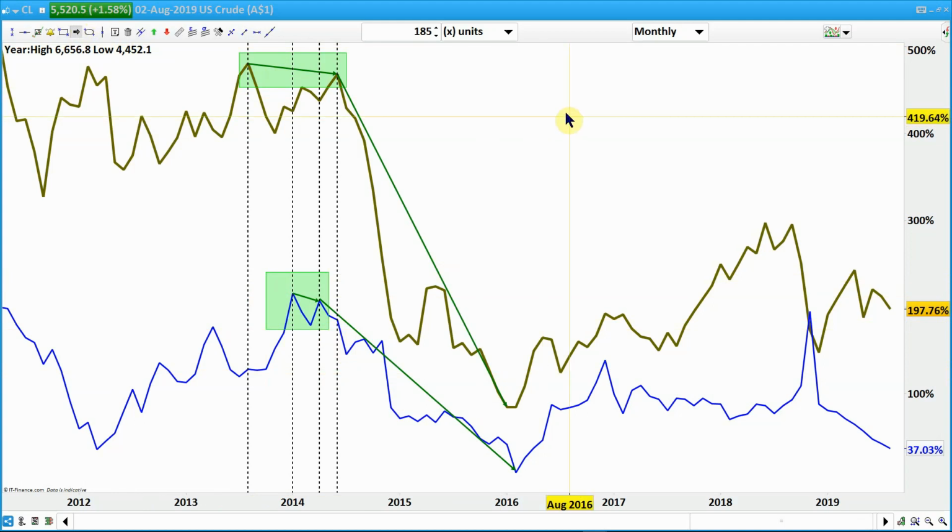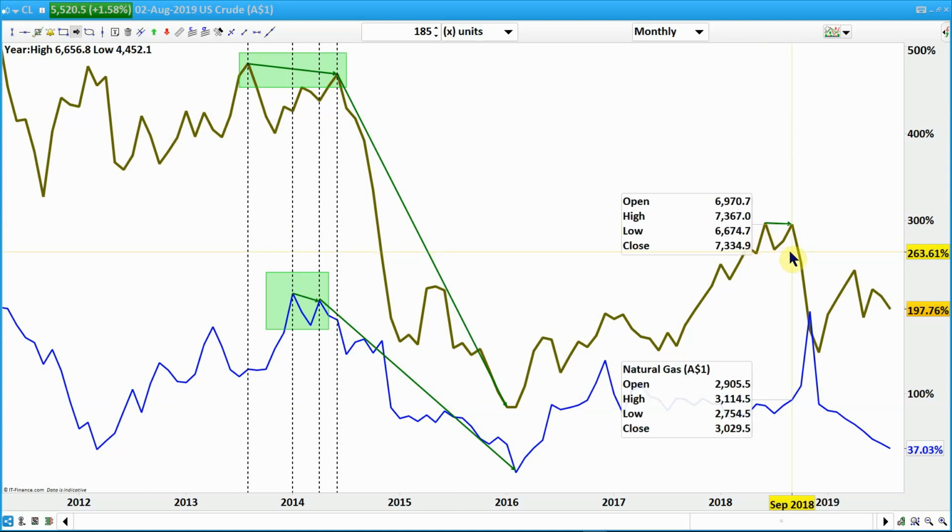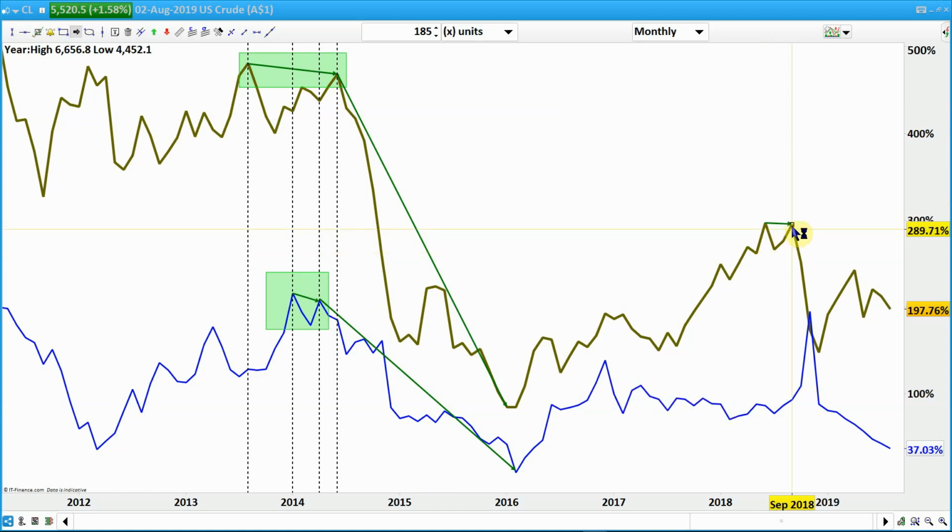Yeah. 2019, what is happening now is, as you can see, a double top or a lower top is here. So in recent time, between June 2018 and September 2018, crude oil made a double top or a lower high to come down, but not at the same time.